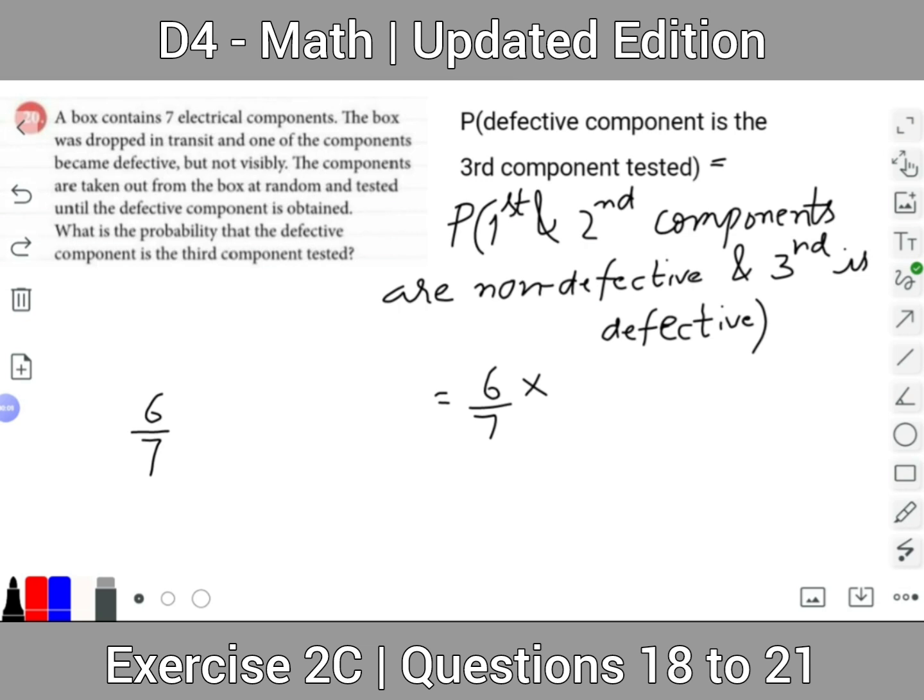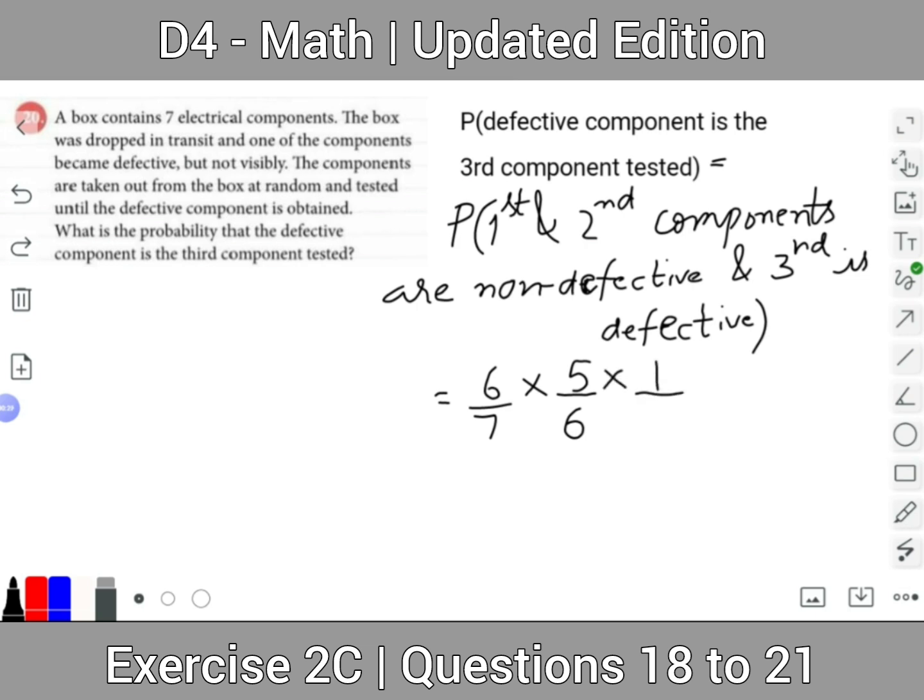Multiply by, using the multiplication law of probabilities. Since we have already taken one component, the total number of components left will be 6, and the probability for the second component to be non-defective will be 5/6. Multiply by.